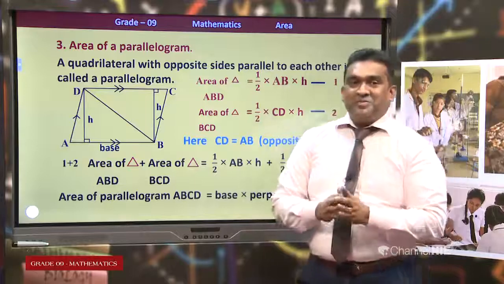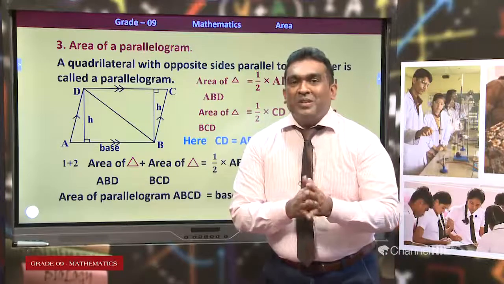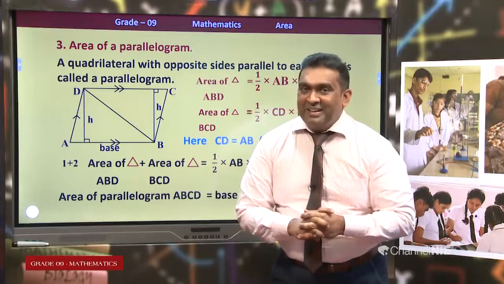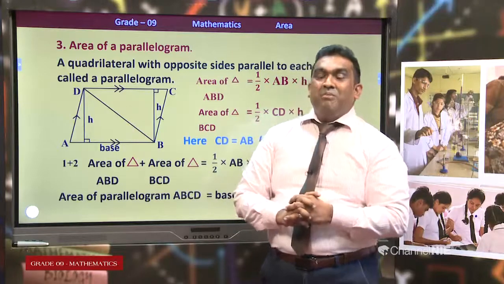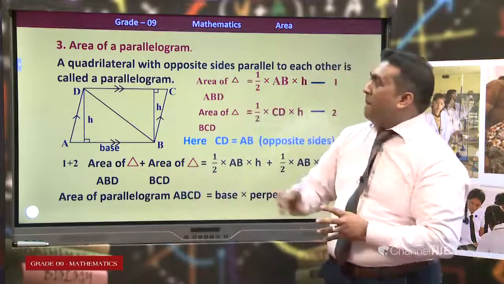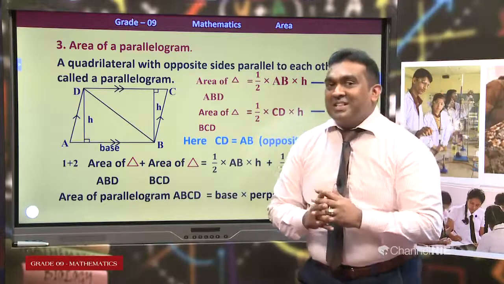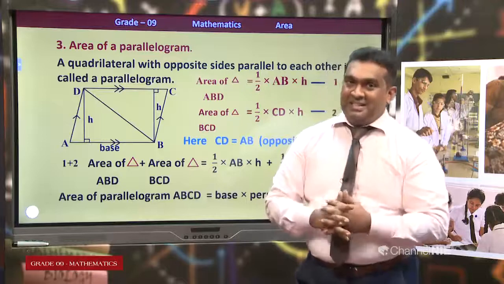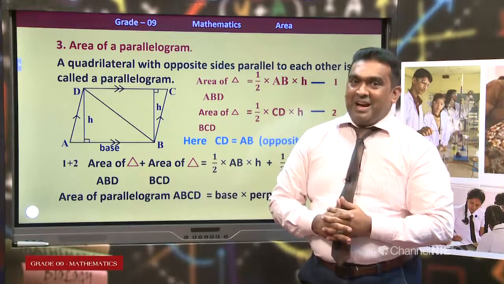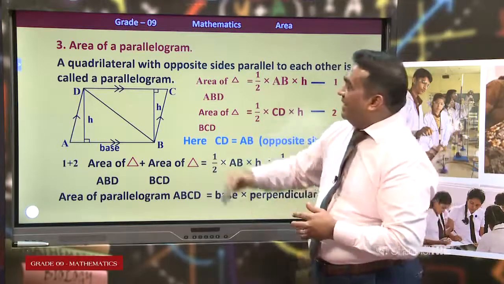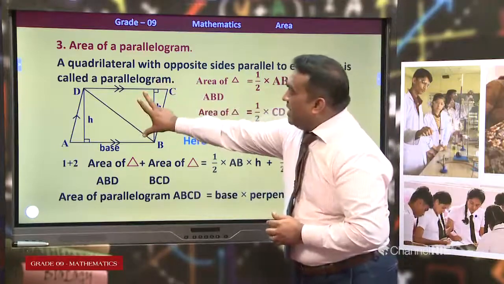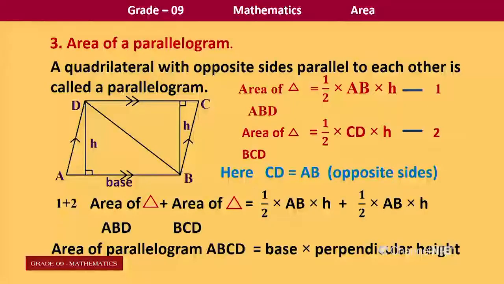Now, this is what we want to learn today. Right? Very beautiful plane figure, parallelogram. It consists of parallel lines. How many pairs are there? AB and DC, a pair of parallel lines, and AD and BC, a pair of parallel lines.